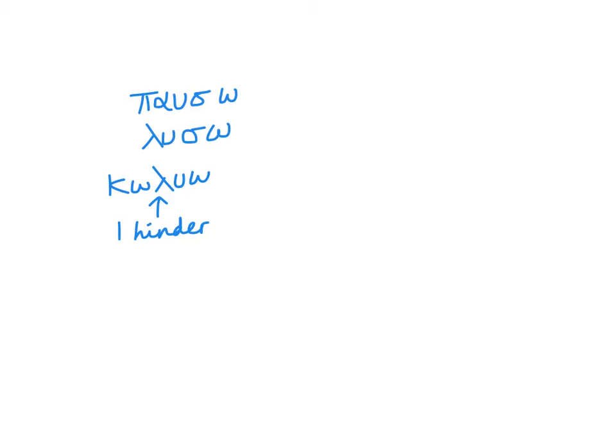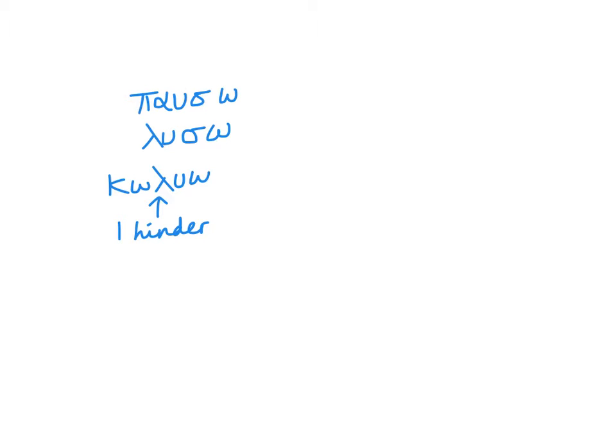We've seen pauo become pauso for the future. Then luo, which means I release, becomes luso for the future. And if I give you a new verb which I haven't shown you yet in this course, koluo, which means I hinder or I impede, I delay.